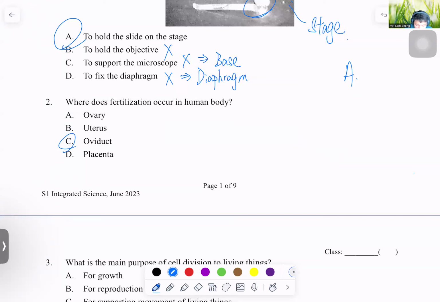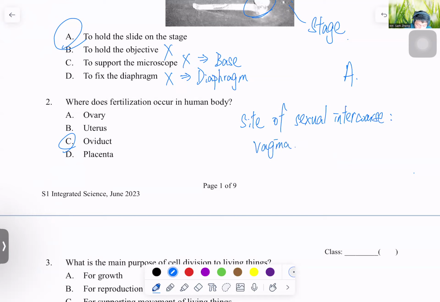So there are several other sites apart from this. For example, the site of sexual intercourse would be the vagina, but not the uterus.